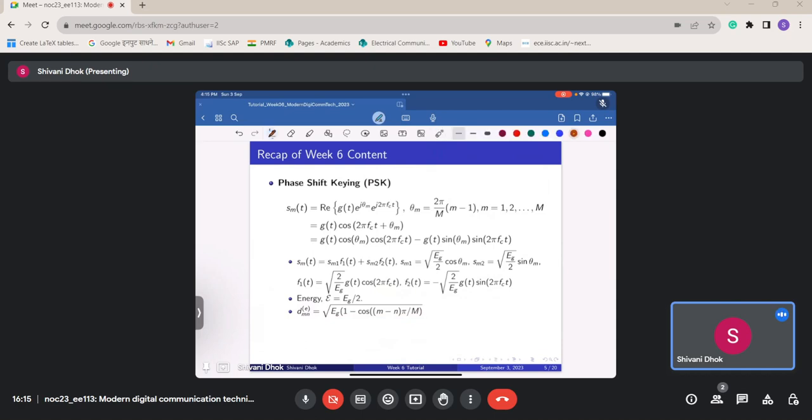And how does this constellation look? So this constellation is a two-dimensional constellation. Let me write it precisely. It is a two-dimensional constellation. Then this is the first basis vector, that is f1(t), and this is the second basis vector, that is f2(t).